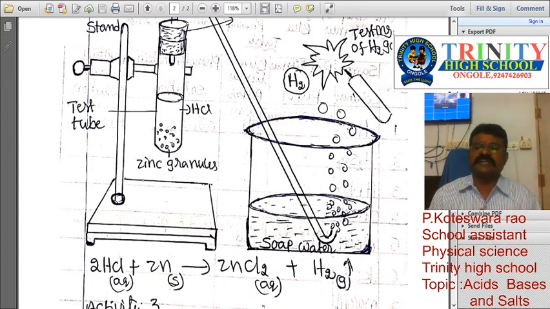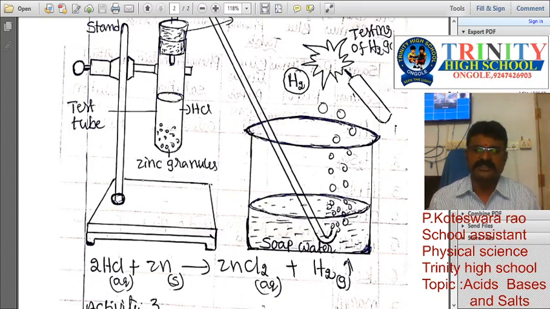If zinc reacts with hydrochloric acid, it produces hydrogen gas. What about one more question? What happens when metal reacts with acid? Which gas is eliminated? The answer is hydrogen gas. Here the metal is zinc and HCl is the acid.